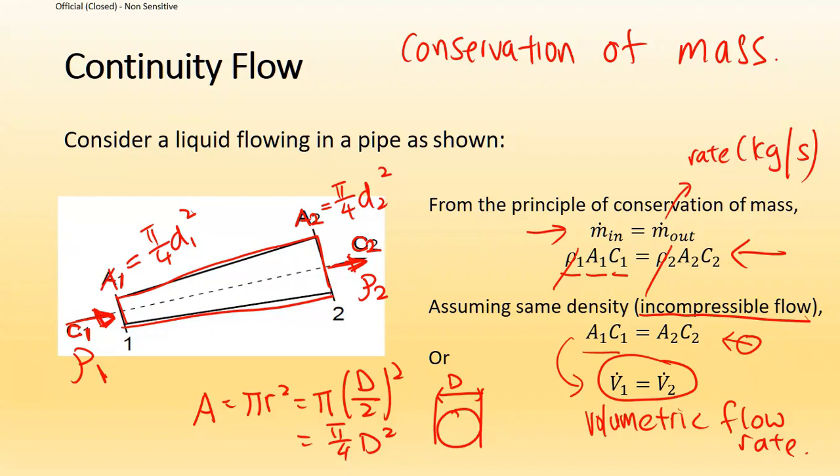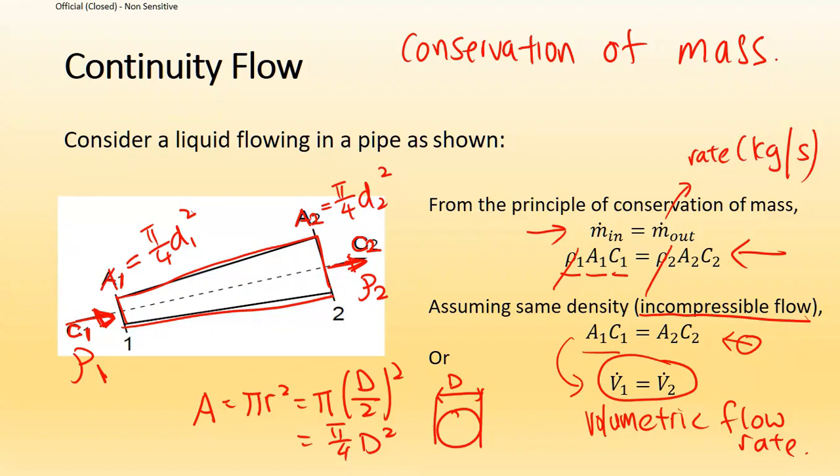All of this is under the assumption that it is incompressible flow, which means that mainly we are dealing with liquid over here, because usually gas is compressible. For gas, the density can change because we can change the volume, because we can compress it.